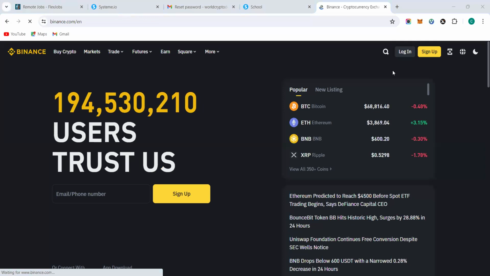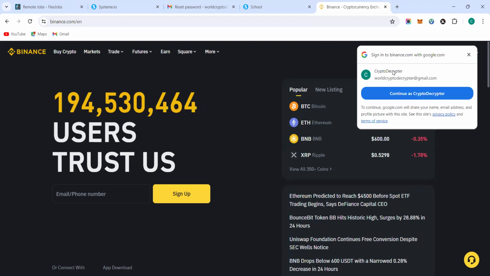This is just one platform, and they are a central entity. What they do is enable you to safely convert your fiat currency into crypto, USDT. There are others as well.